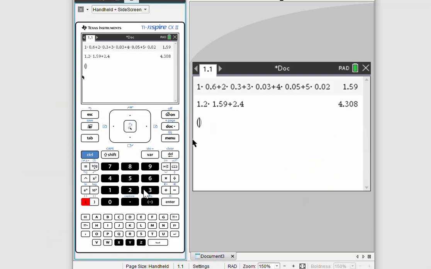In the beginning, we just multiply 3.60 times 0.60, added by 4.80 times 0.30, plus 6.00 times 0.03, then plus 7.20 times 0.05, and also the last one, 8.40 times 0.02. Okay, this will be our answer directly.